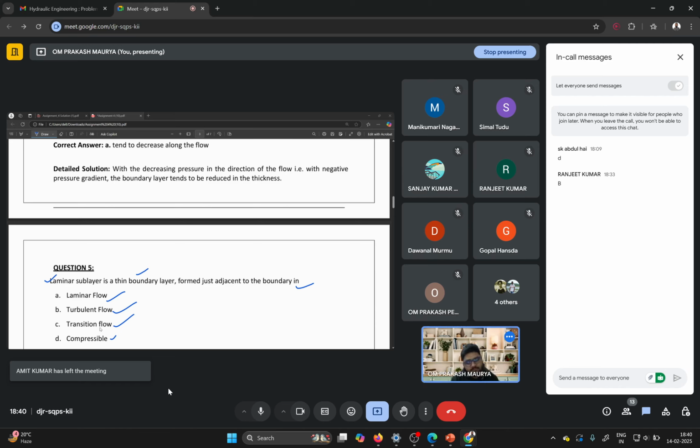Everyone please try to give the answer for question number 5, laminar sublayer. Please everyone try to attempt the question.